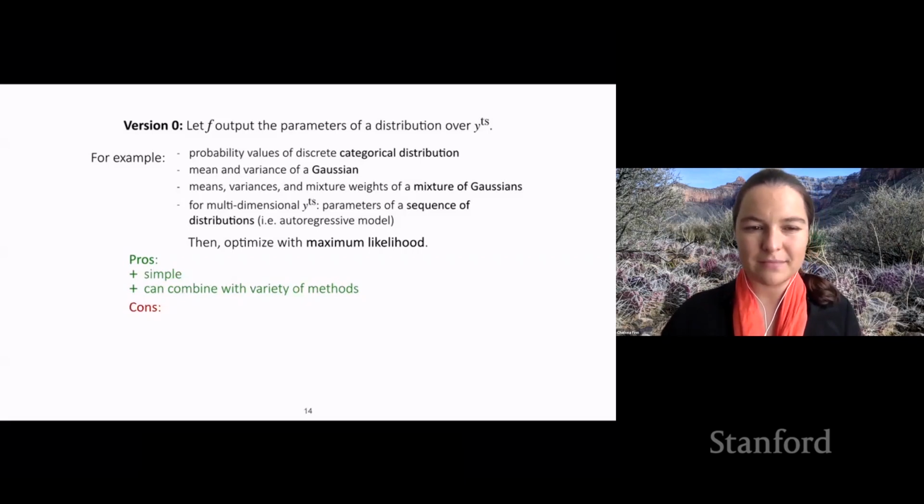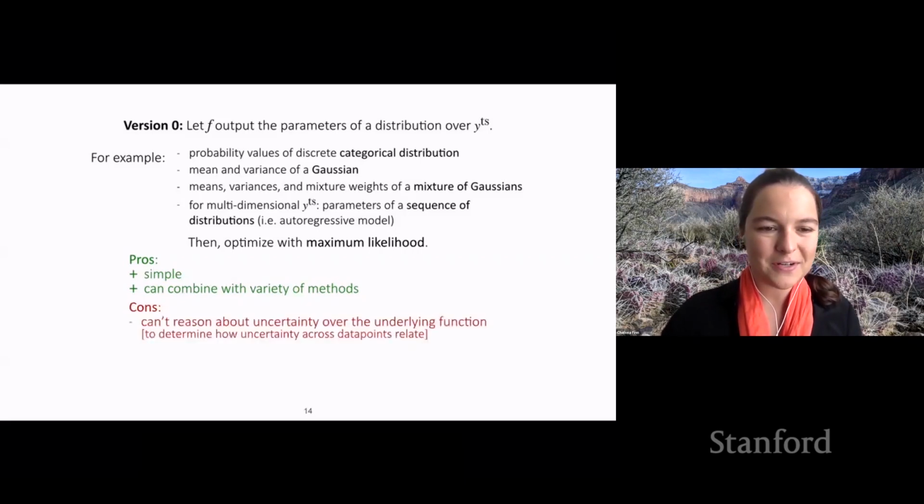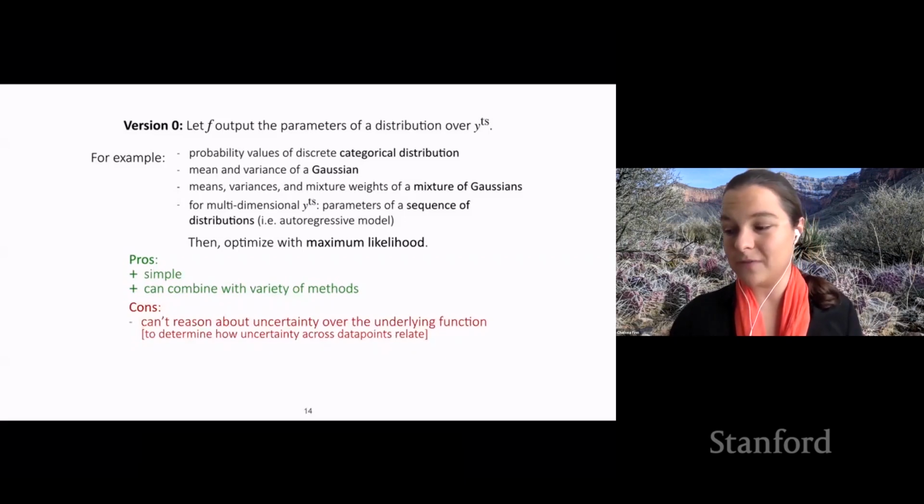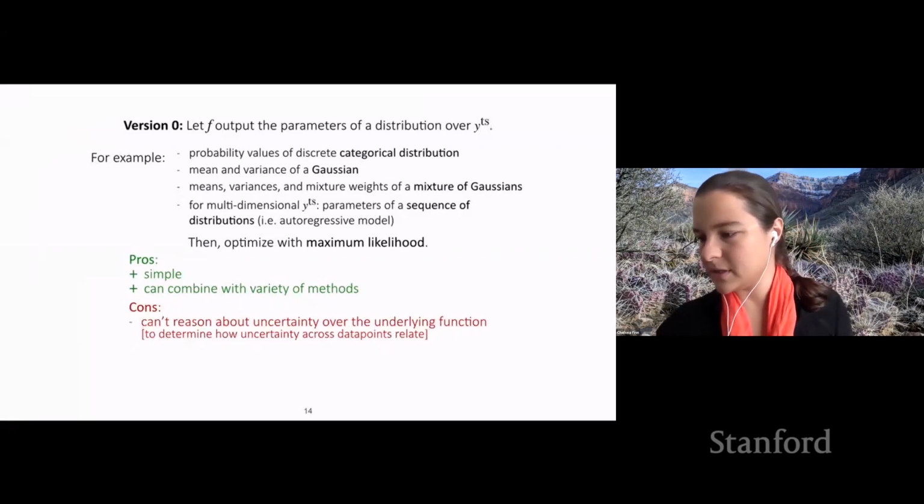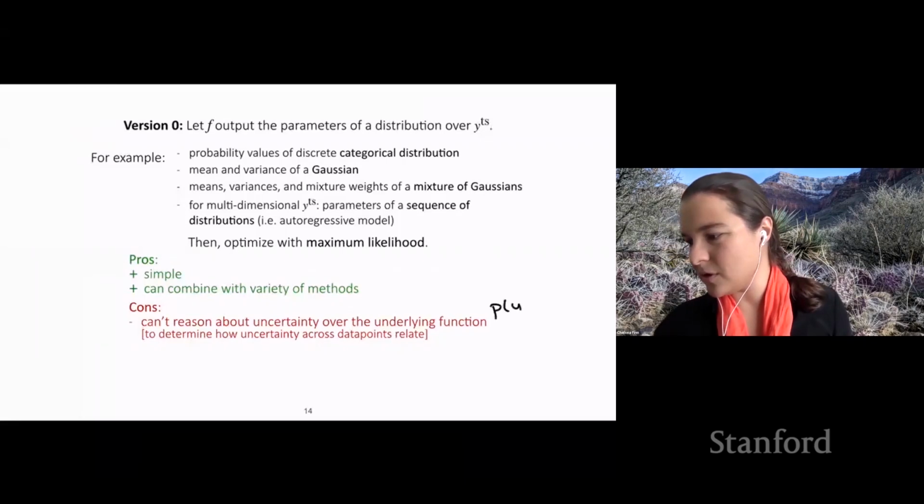But it doesn't quite solve the problem that we're after. It doesn't allow you to reason about uncertainty about the underlying function. So this basically only gives you a distribution over y test given x test, d train, and theta. It doesn't give you a distribution over phi i.